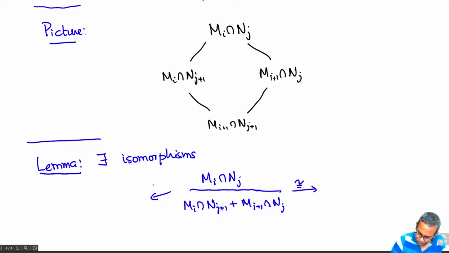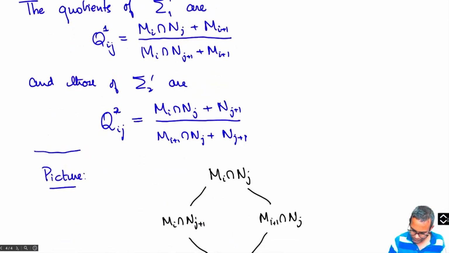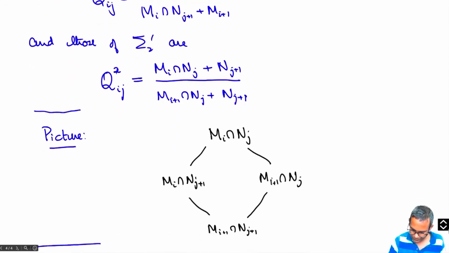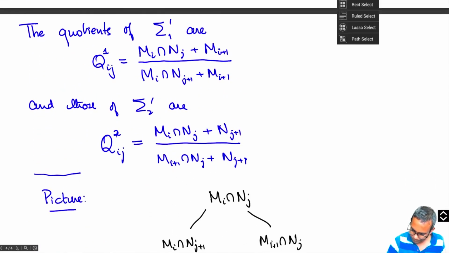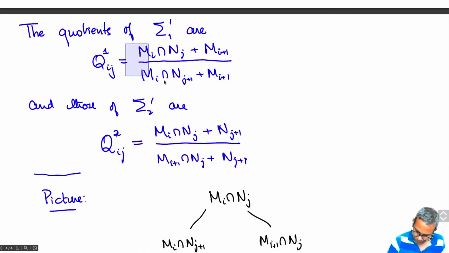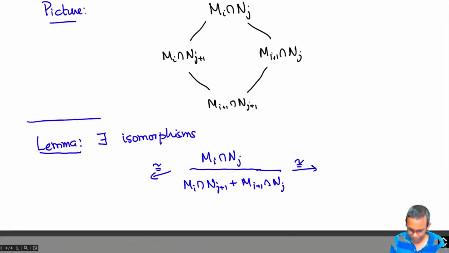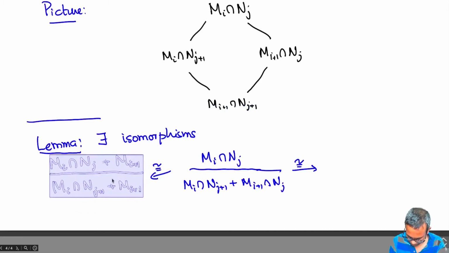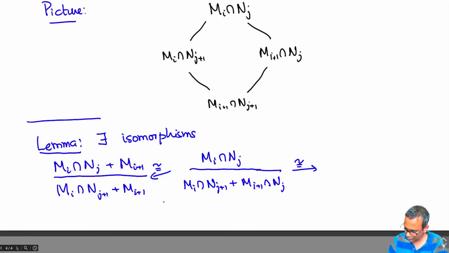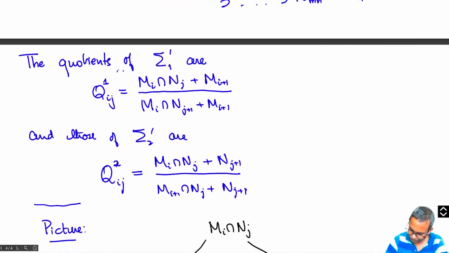So this is isomorphic to, on the one hand, this guy, and on the other hand, this guy.